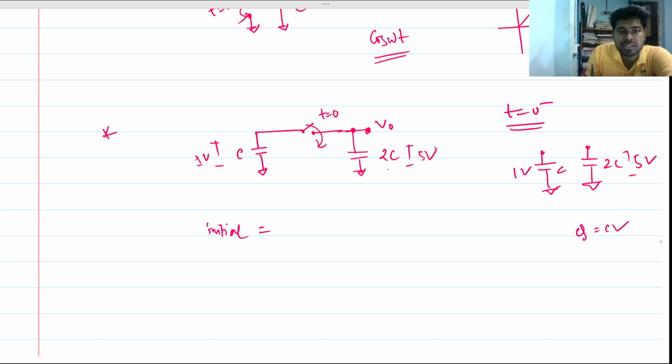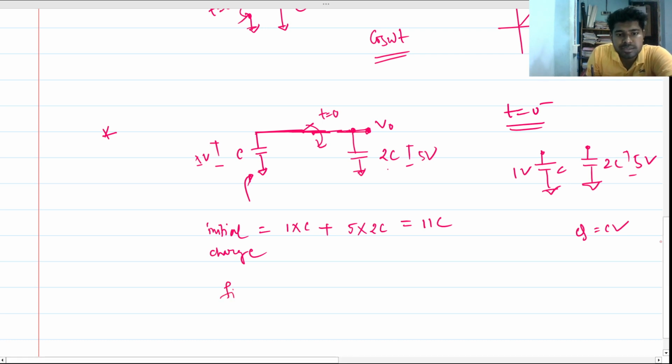The C value is C and the voltage is 1 volt, so this is C for this cap. For this one, the charge is 5 volts into 2C. So my initial charge is 11C. For final charge, this will be a short circuit, so the two capacitors come in parallel, and only V naught is there.